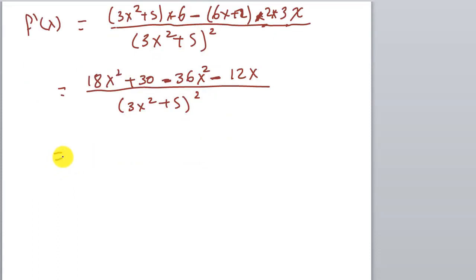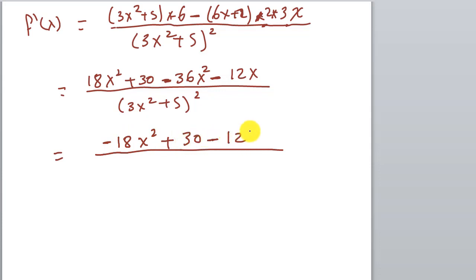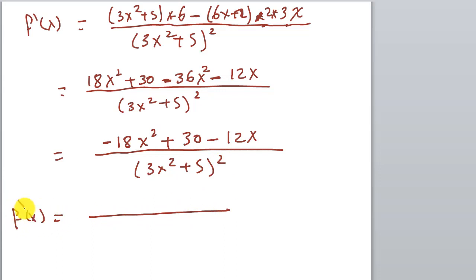Okay, so it's equal to minus 18x squared plus 30 minus 12x divided by 3x squared plus 5 squared. So f dash of x is equal to minus 6 times 3x squared plus 2x minus 5 divided by 3x squared plus 5 squared.